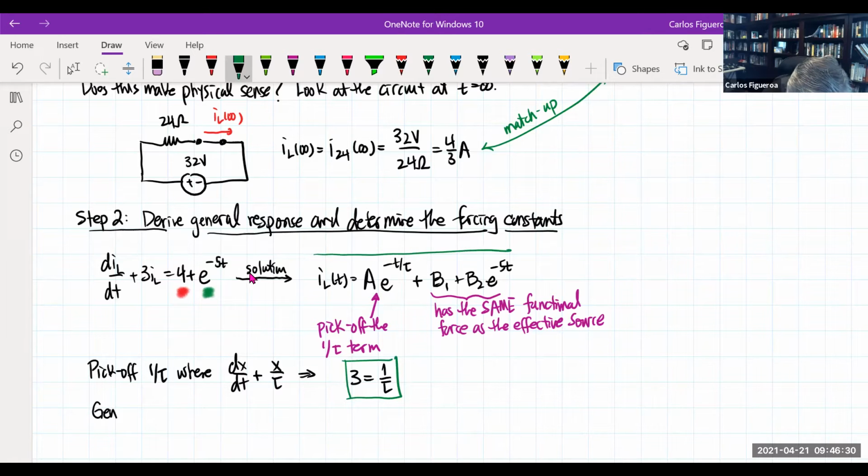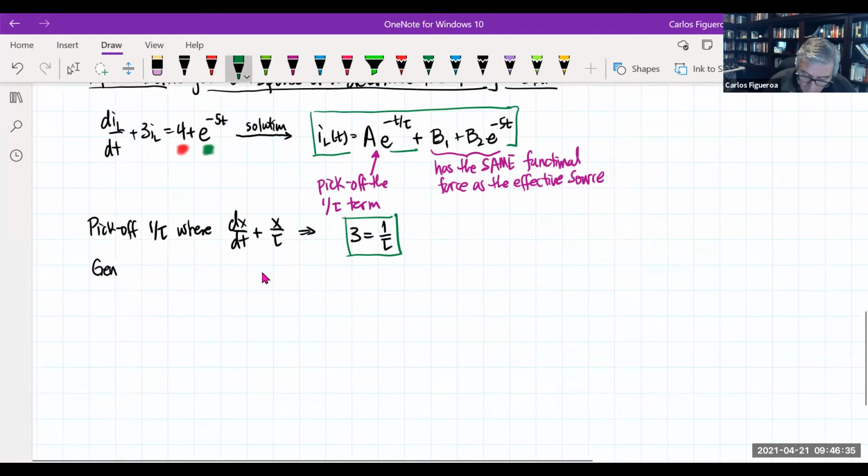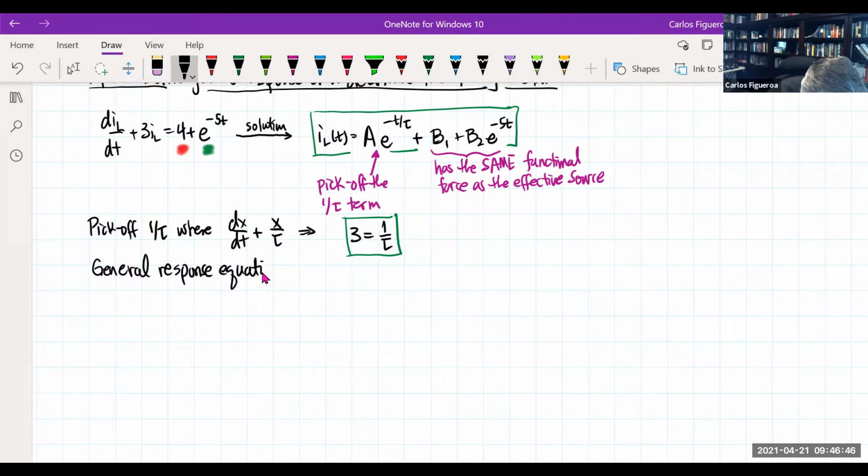So I'm getting my general response here. Okay, so my overall general response is then going to be IL of t equals A e to the minus 3t plus B1 plus B2 e to the minus 5t.